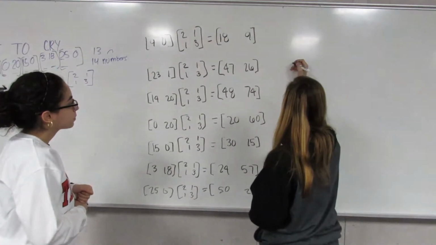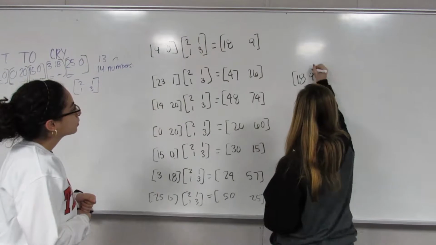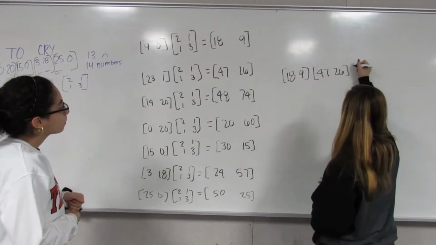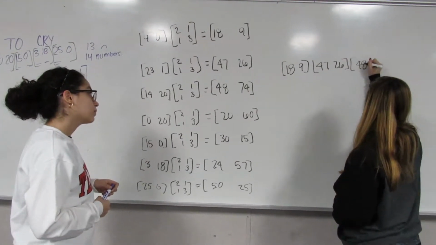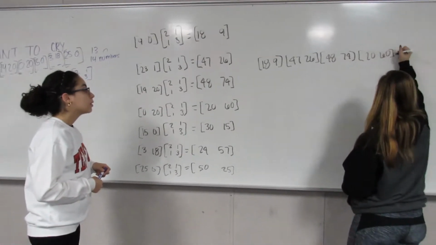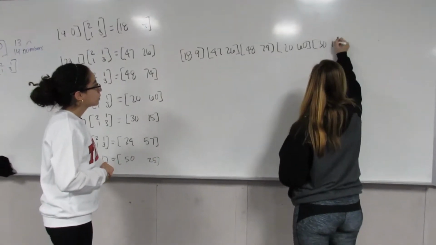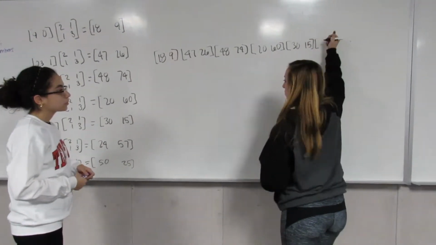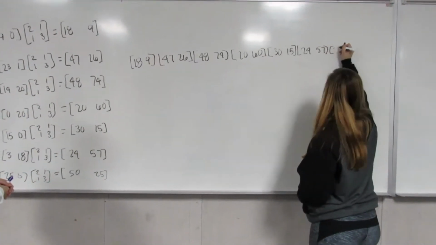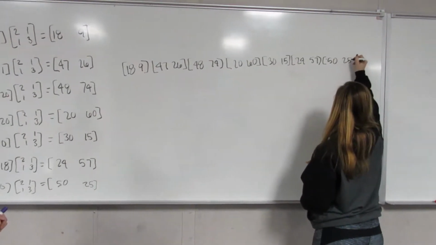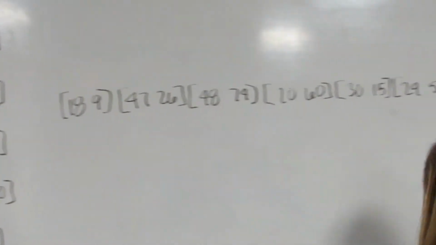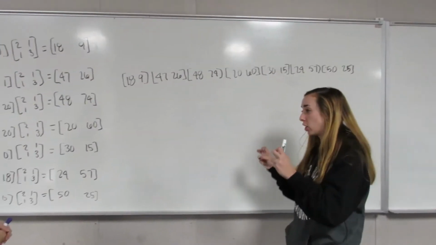So if you line them up in order, I should have done this before, to be honest. Oh, wow, that's a 5. So these are the numbers you have, and when you line them up in order, this is what you turn in as your encoded matrix.